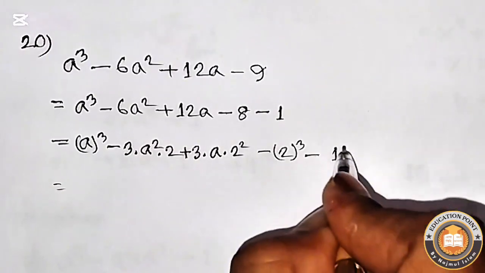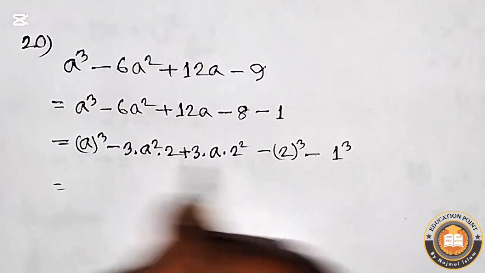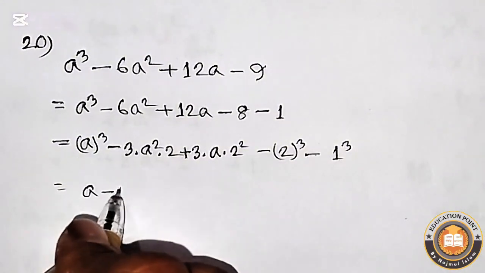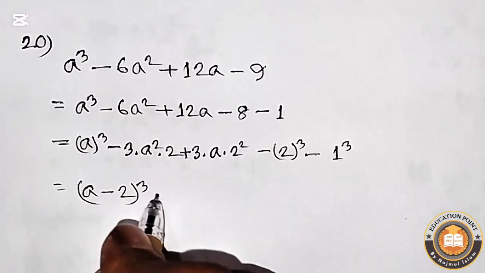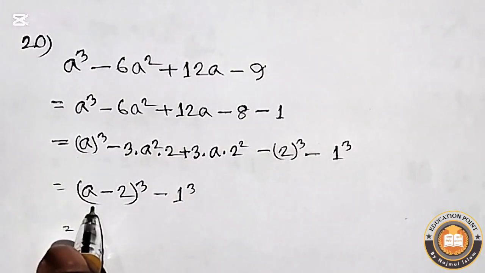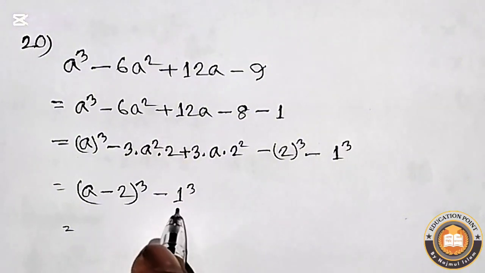Minus 1 modified as 1 cube. This is the formula of a minus 2 whole cube, minus 1 cube. Now we will apply the formula of a cube minus b cube.